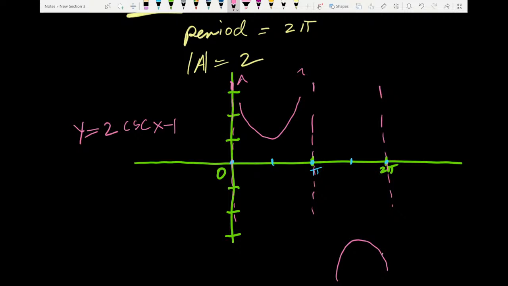Now, let me make the problem a little bit more interesting. Let's graph y equals -3 secant of 3x. Let's do that.